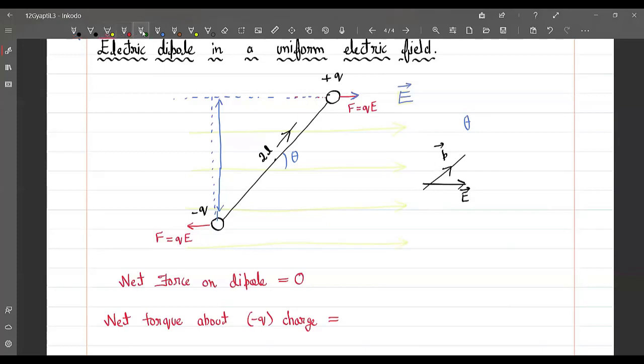The angle between them is theta. So the angle between the two vectors is theta. Right here, theta is the angle between the dipole moment and electric field.